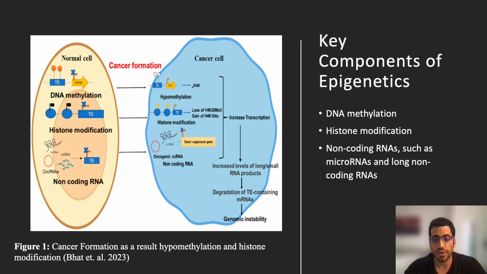Then we have histone modification, which involves chemical changes and alterations to histone proteins, which are proteins associated to DNA in the nucleus of the cells. They have a great importance in terms of structure and gene control. And last, we have non-coding RNAs. They are very important molecules that play a role in transcription, translation, and chromatin remodeling.